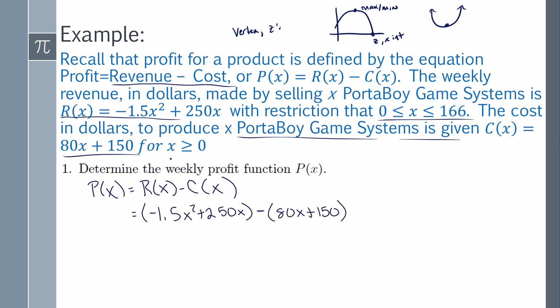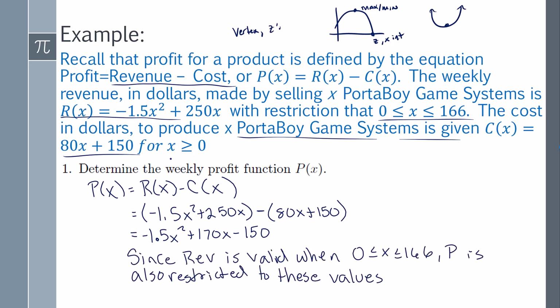Plug in R of x minus C of x and combine things together. We just have to keep in consideration that it's only relevant from 0 to 166. Because the revenue was restricted, the profit is also restricted to that.